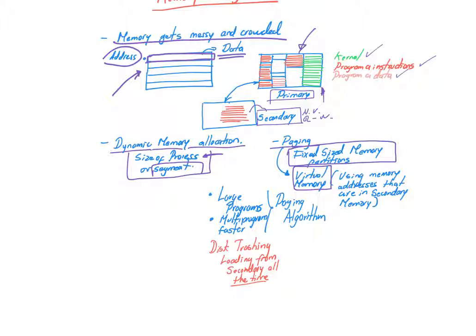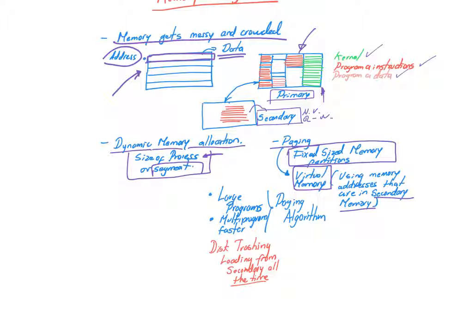Virtual memory is just creating virtual space for program allocation. It's virtual because it's not physically available in the primary memory, but it is expanded with space in the secondary memory.